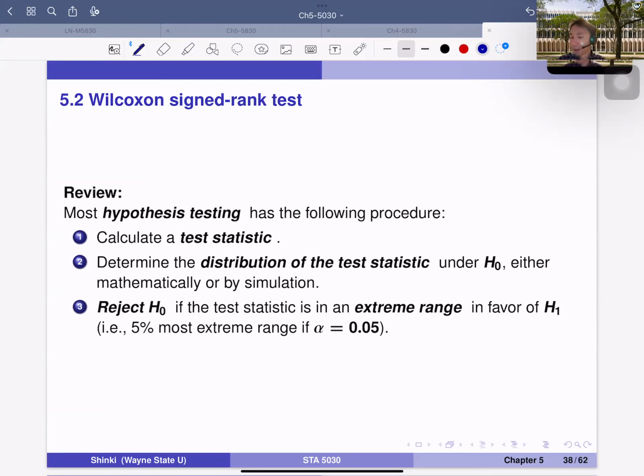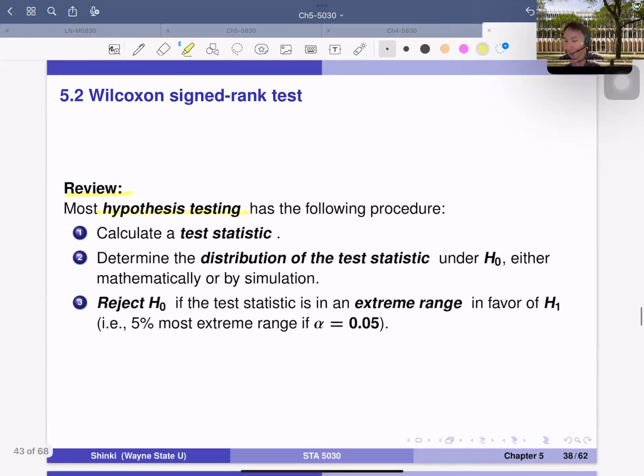So I want to review the overall scheme of hypothesis testing now. For any test, at first we have to calculate the test statistic. Then we have to determine the distribution of the test statistic.